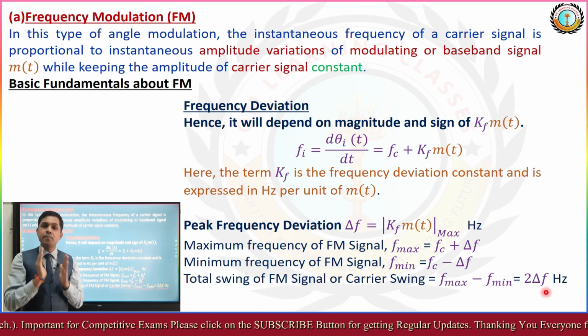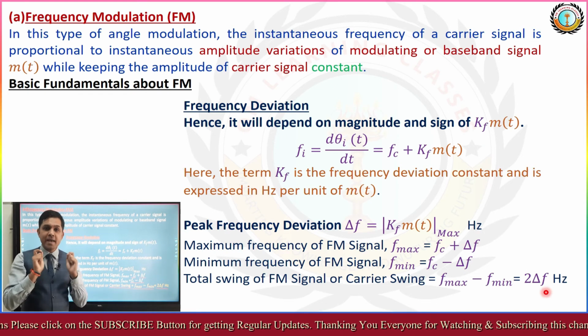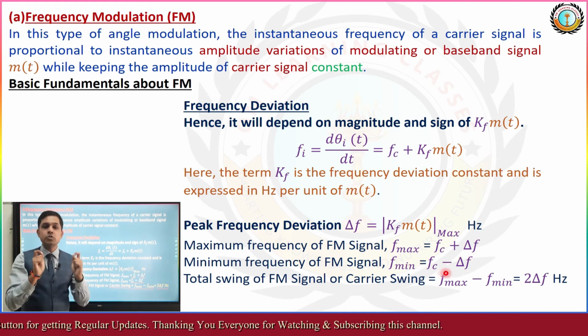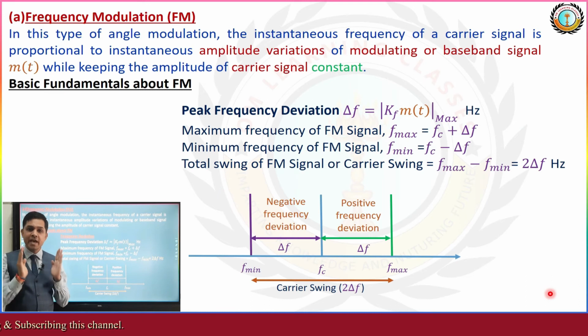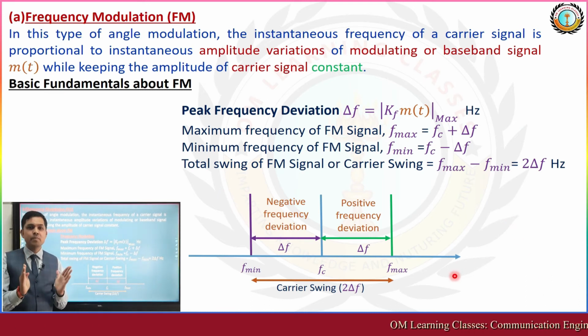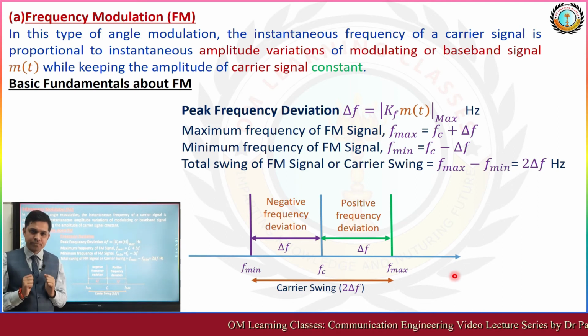Now, all these three parameters are represented by considering a carrier swing diagram. After this mathematical representation, we have the diagram representation related with f maximum, f minimum and carrier swing.